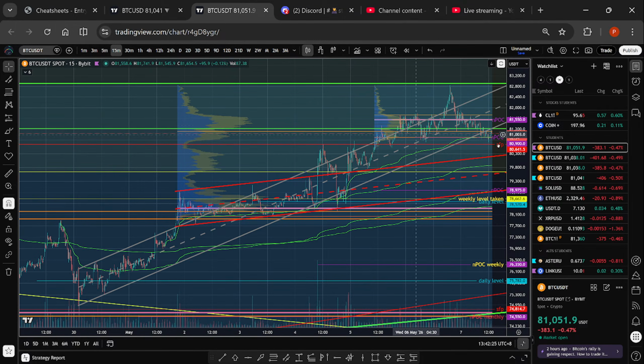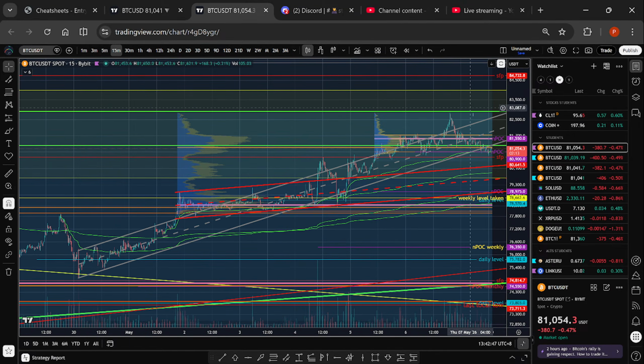There was another naked point of control, these MPOC levels. Anyway, and then I said no, I'm getting out, it's not playing out. So we got out of that one, and it kept going up. And like I said, we're expecting it to fill the gap, which is this yellow box.